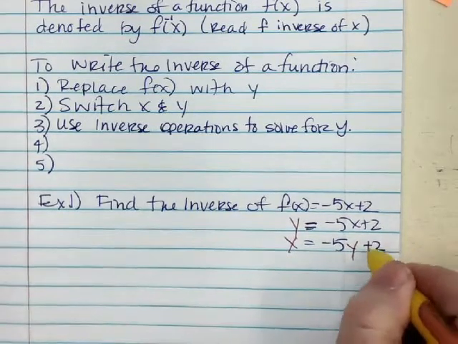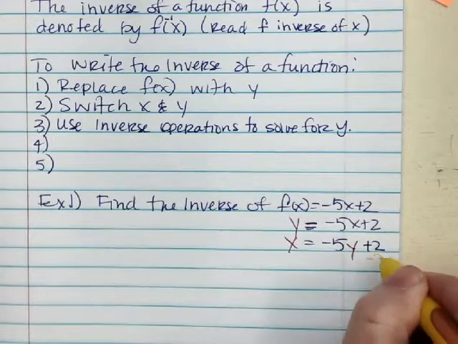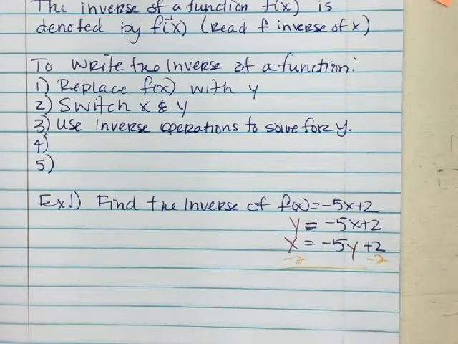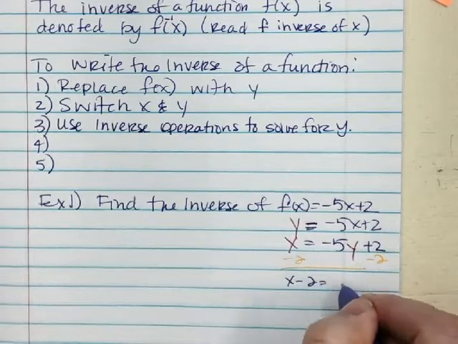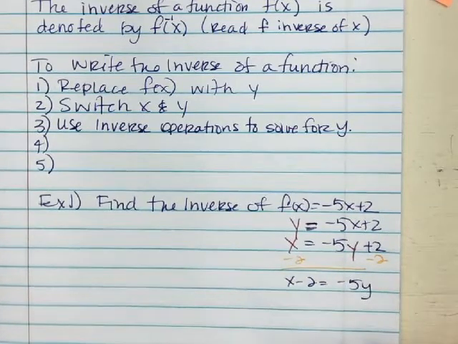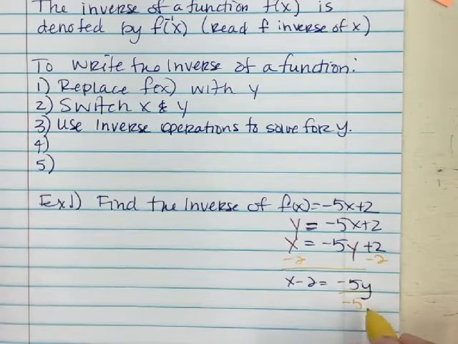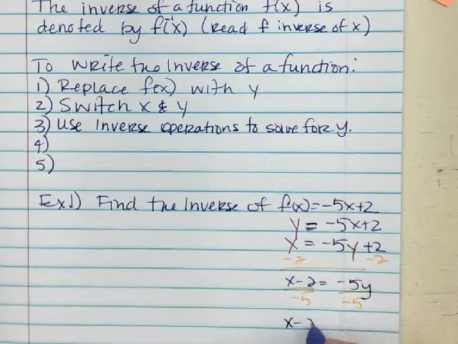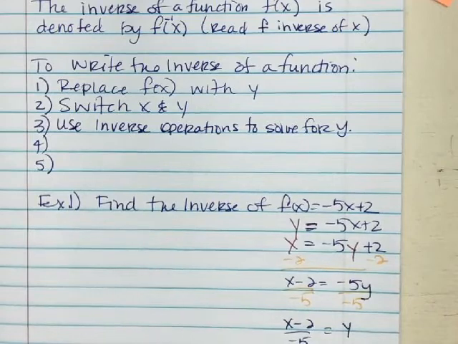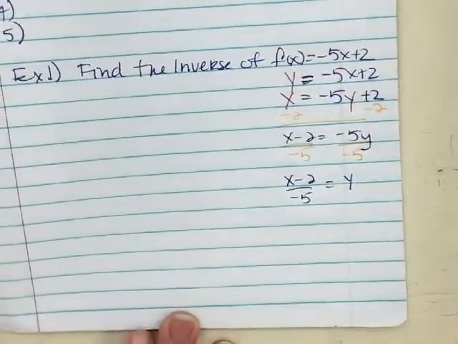So when I see the plus 2 over here, I'm trying to get the y by itself. Let's subtract 2 from both sides. And so I have x minus 2 is equal to -5y. And then I've got to get rid of the multiplying by -5, and the inverse of multiplying is dividing. So I'm going to divide by -5. And I get x minus 2 over -5 is equal to y. Well, I just solved it for y. So I've solved it.